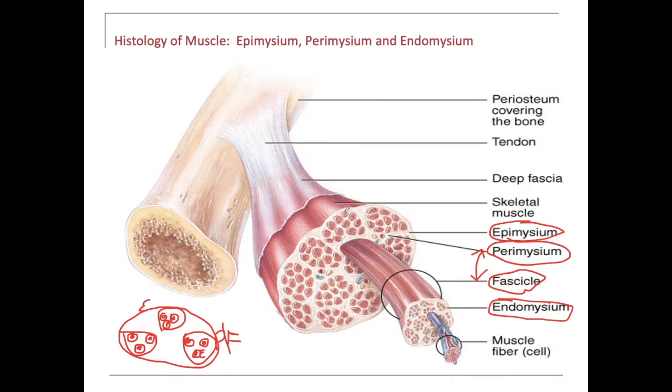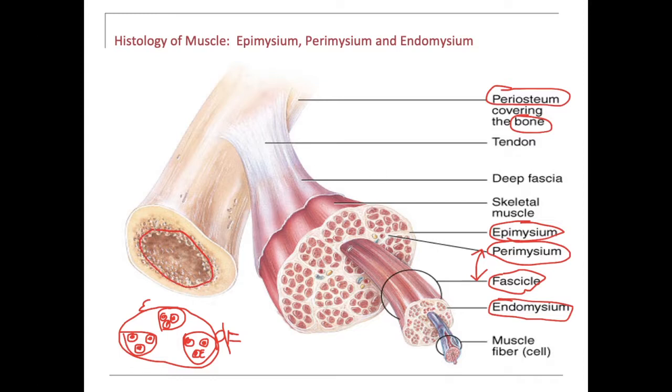Then we have, how is it that muscle is going to attach to bone? It attaches to bone by the periosteum. We did osteology already. We know that the outer covering of bone is the periosteum, and we know that the inner part of the bone is the endosteum.